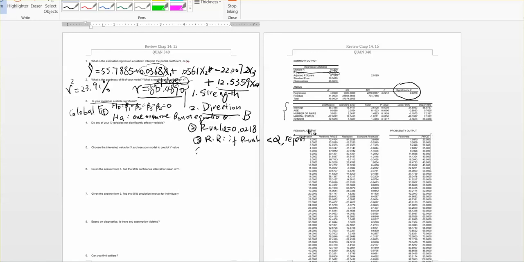And step 4, decision and the conclusion. Given the p-value is 0.0218, if alpha we choose 0.05, the p-value is smaller than 0.05, so the decision is reject H0.